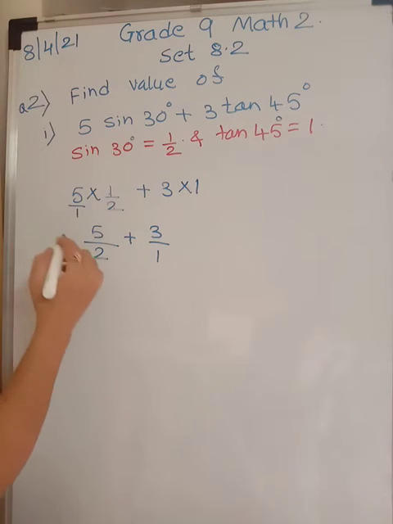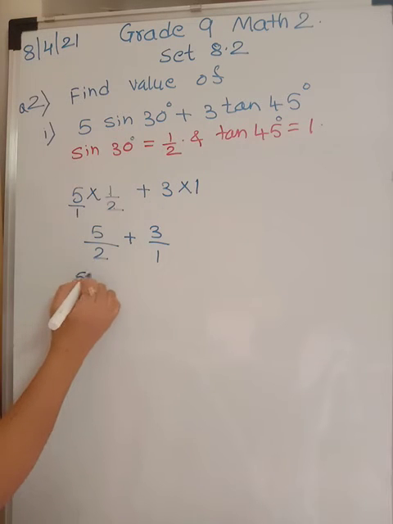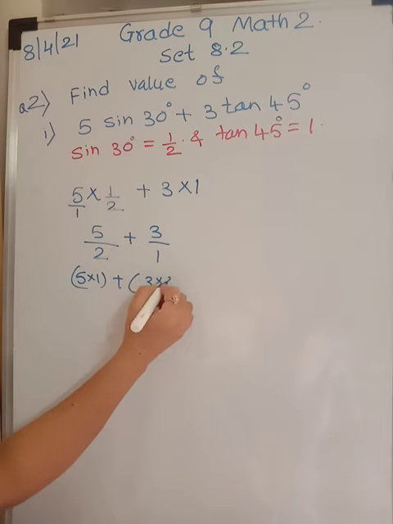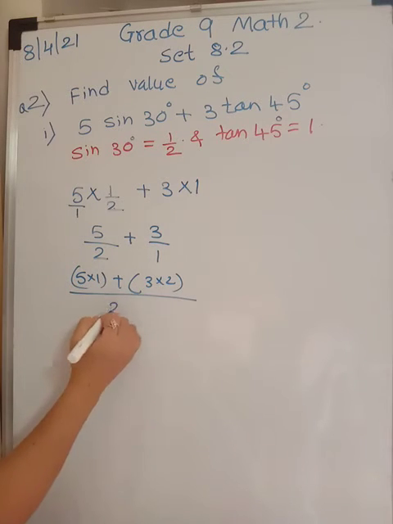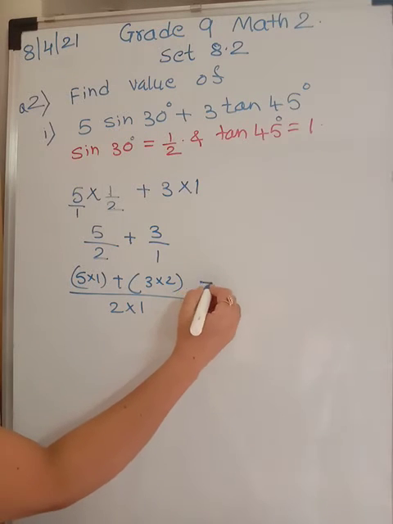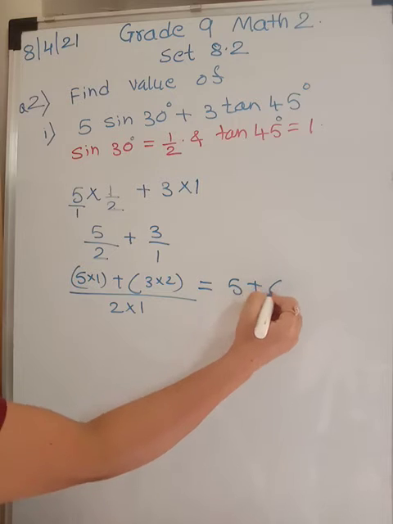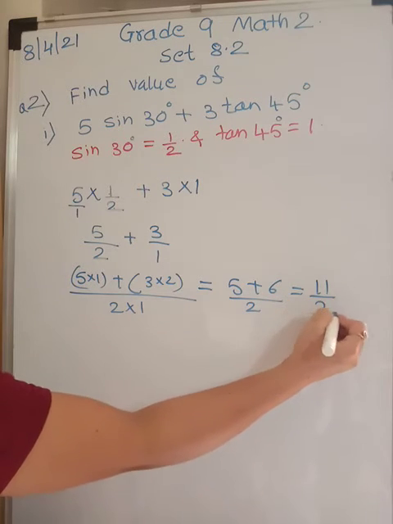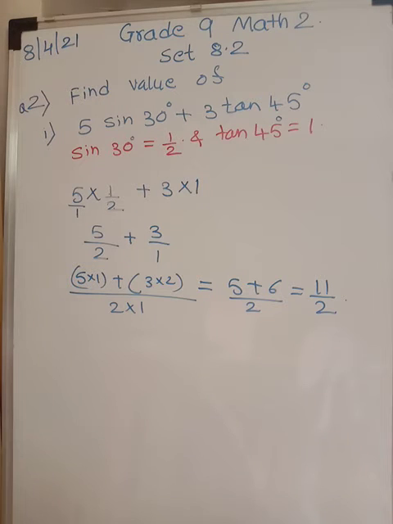You can cross multiply. 5 into 1 plus 3 into 2, divided by 2 into 1. So let us carry on. 5 ones are 5 plus 3 twos are 6, the whole upon 2. This comes out to be 11 upon 2. That's it. Very easy, no? Just substitute the values and you'll get the answer. Okay. Let's go for the second problem.